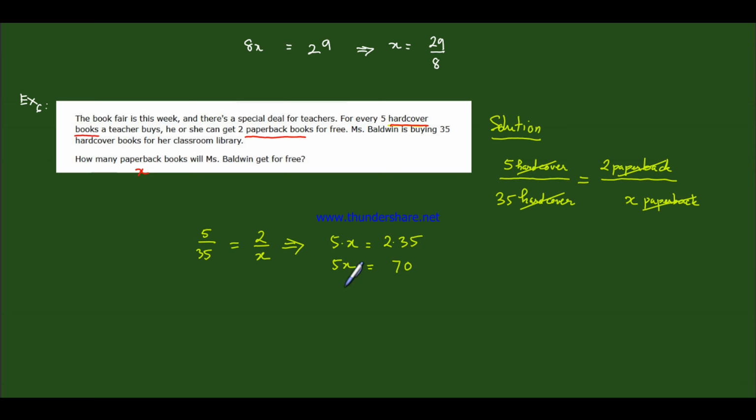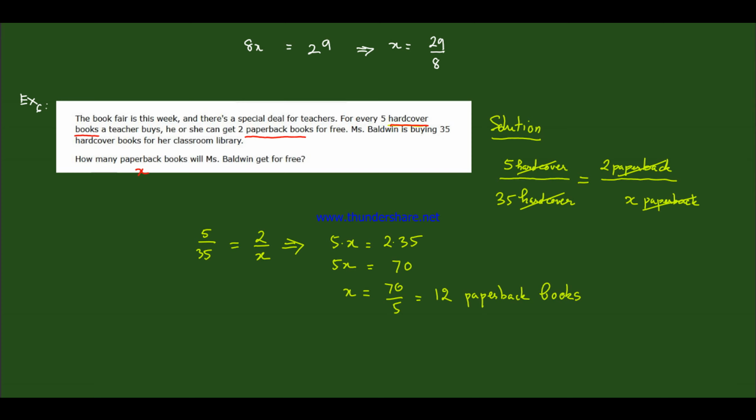Then you divide both sides by 5, so you have 70 divided by 5, which is 14. And the unit will be paperback books because X represents the paperback books. So 14 paperback books. Okay, so that's how you use the proportion to solve the word problem.